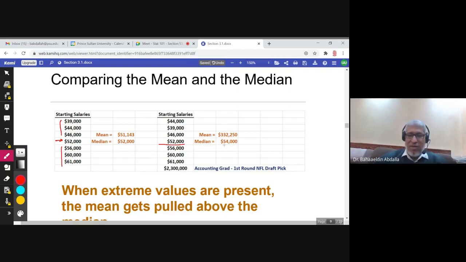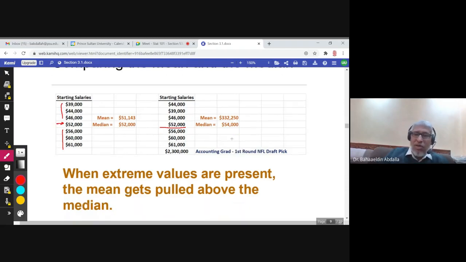So here the median is 54. It is not a big change from 52 to 54, but the mean dramatically changed because you added a value of 2,300,000 to the salaries. So instead of 51,000, it's now 332,000. That's too much.